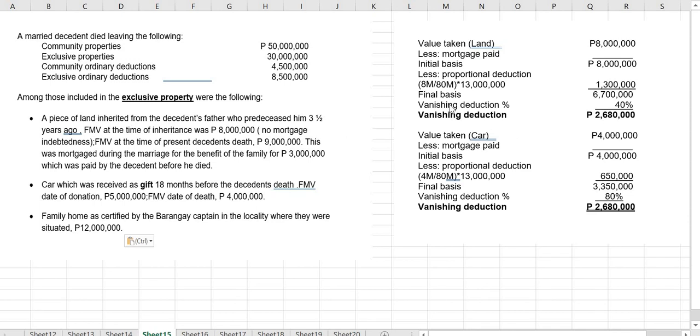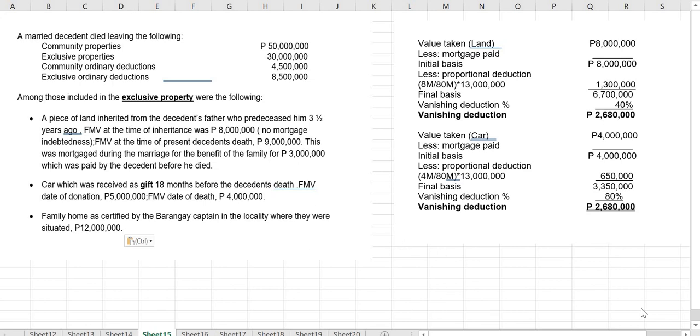Then you have the proportional deduction. It's 8 million, the initial basis, over the gross estate of 80 million, which is the community and exclusive property, times 13 million.